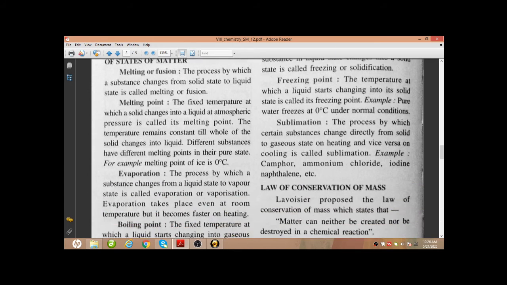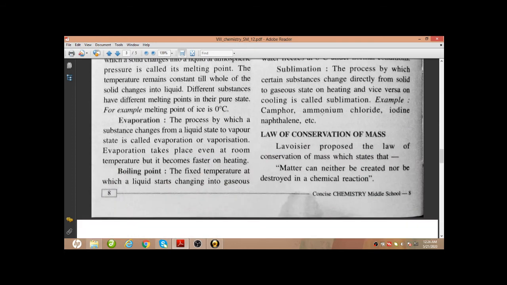Next, sublimation, this you know, so not repeating it again. Law of conservation of mass, what is this? This law states that matter can neither be created nor be destroyed in a chemical reaction.